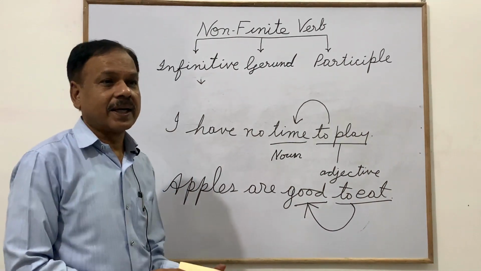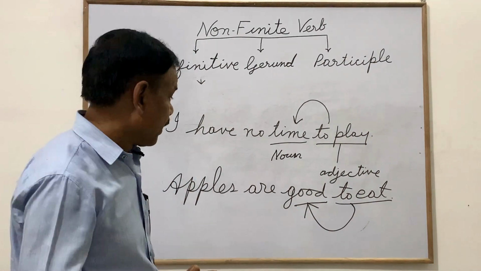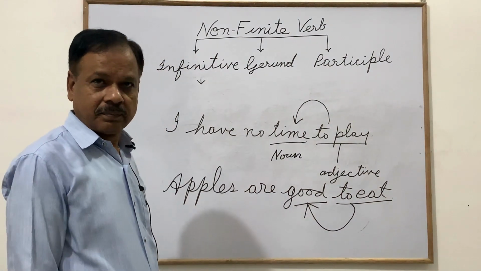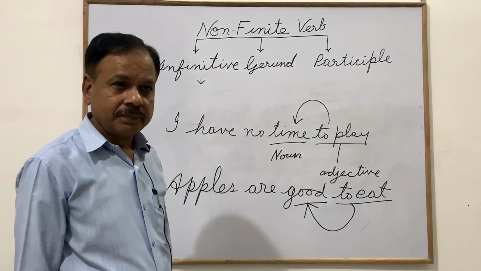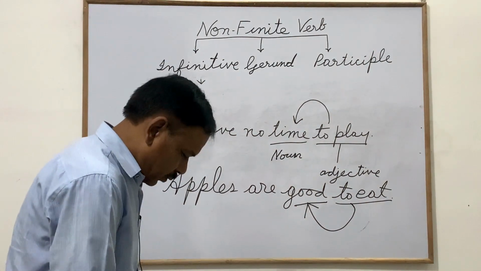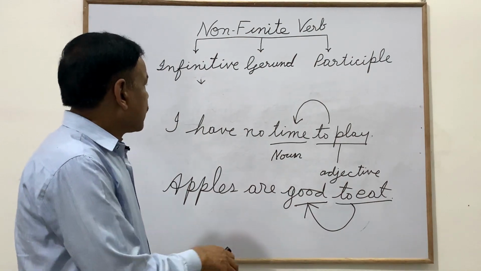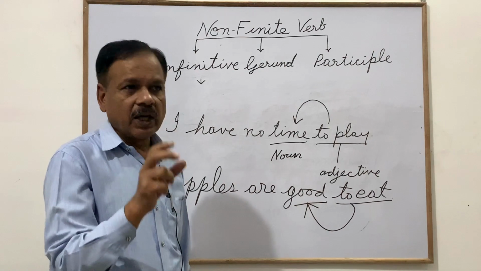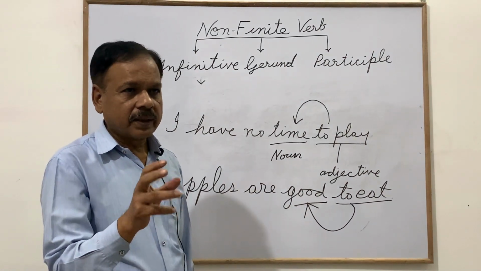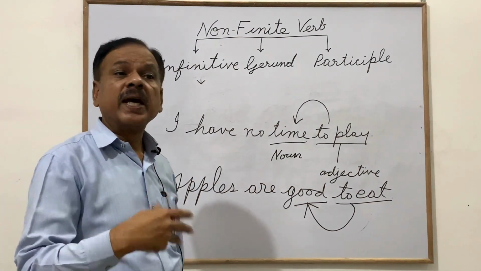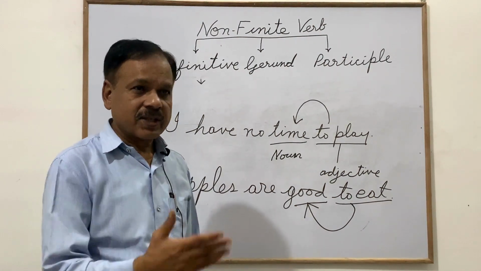And anything that qualifies an adjective is what? Adverb. Got it? So, today I have told you several uses of infinitive. Now I think that you can recognize it, and we'll treat bare infinitive in a separate class.